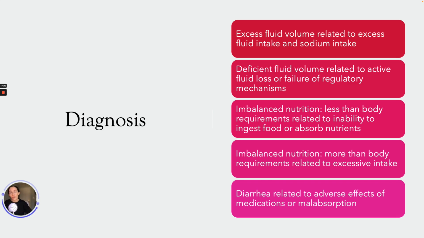So excessive fluid volume related to excess fluid intake and sodium intake, deficient fluid volume related to active fluid loss or failure of regulatory mechanisms, imbalanced nutrition less than body's requirements related to inability to ingest food or absorb nutrients, imbalanced nutrition more than body's requirements related to excessive intake, and diarrhea related to adverse effects of medications or malabsorption.